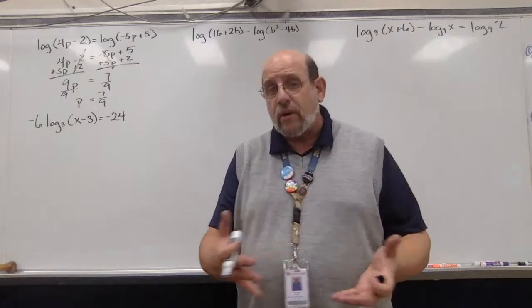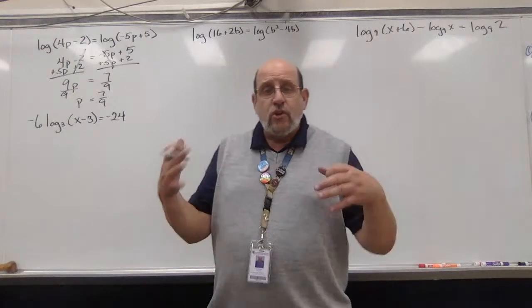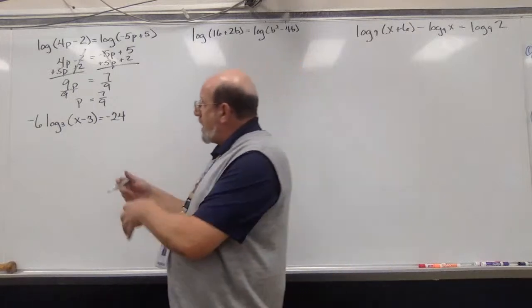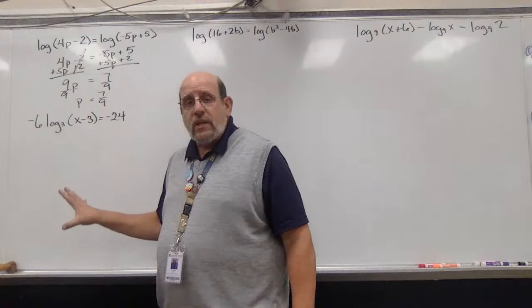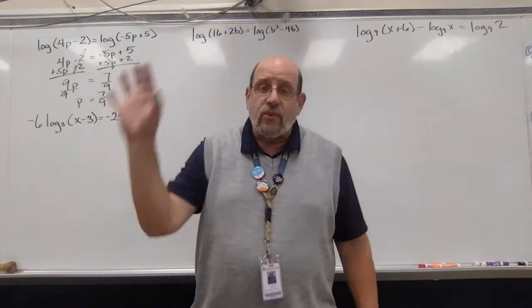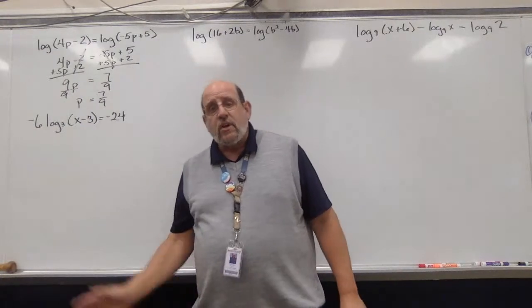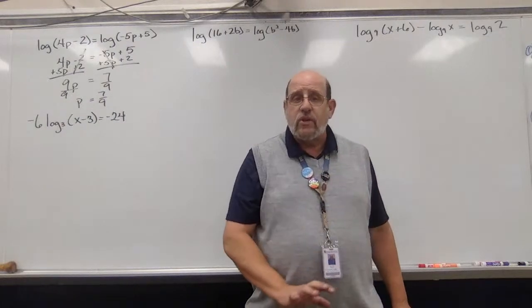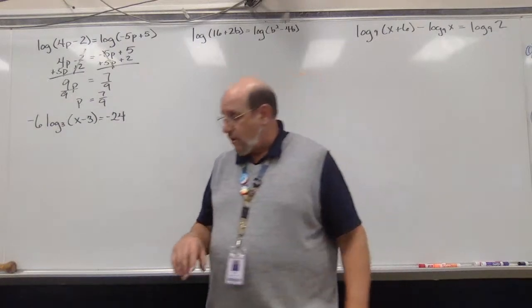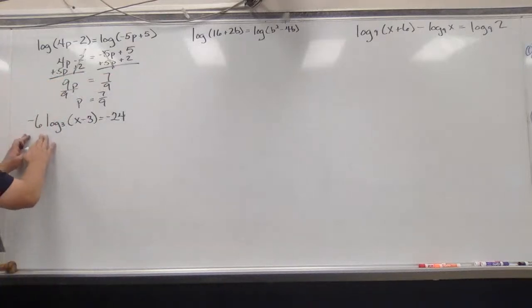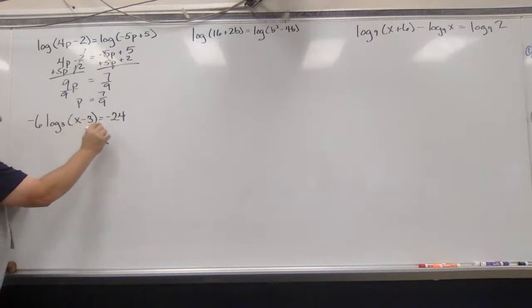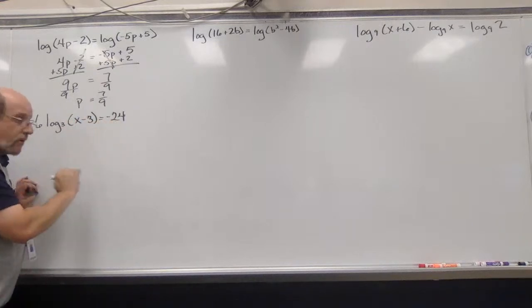Here's the second part, number 2. Use your algebra to get you to a logarithmic equation, then convert it into an exponential equation, and then we can solve. Here's what it looks like. I have negative 6 log base 3 of x minus 3 equals negative 24.